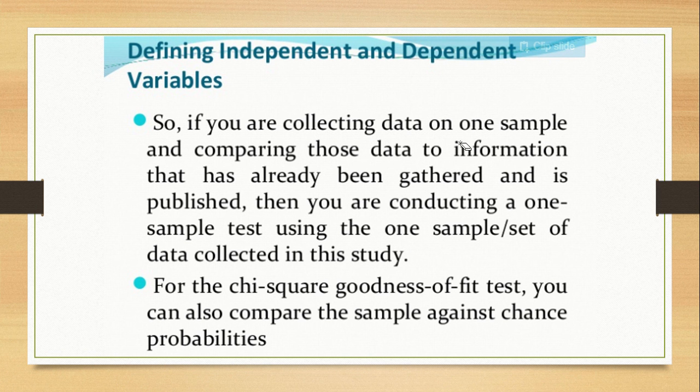So if you are collecting data on one sample and comparing those data to information that has already been gathered and published, then you are conducting a one sample test using the one set of data collected in the study. For the chi-square goodness of fit test, you can also compare the sample against chance probabilities.